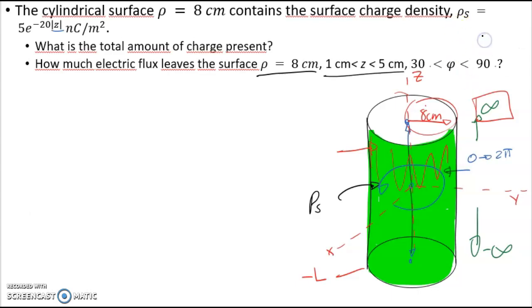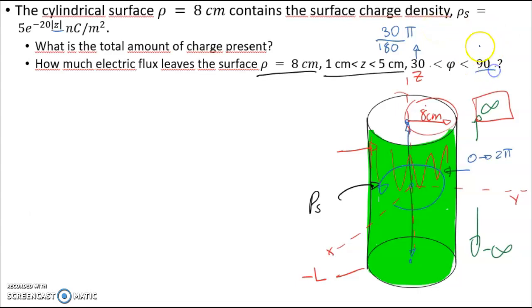First of all, let's change 30 degrees and 90 degrees to radian expressions. How do we do that? Well, we know degrees can be translated to radians by radians equals angle divided by 180 times pi.